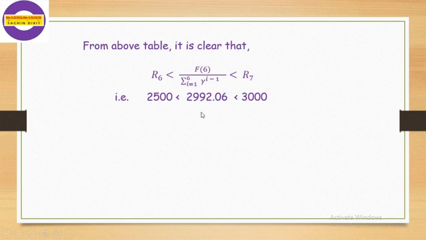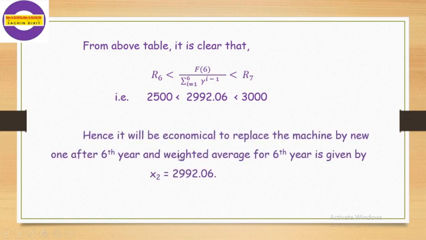This average cost for the 6th year is 2992.06, which is less than 3000, that is the maintenance cost in the 7th year. Hence, it will be economical to replace the machine by a new one after the 6th year, and the weighted average for the 6th year is given by x2 equals 2992.06.